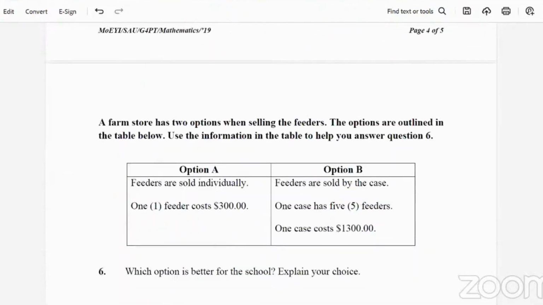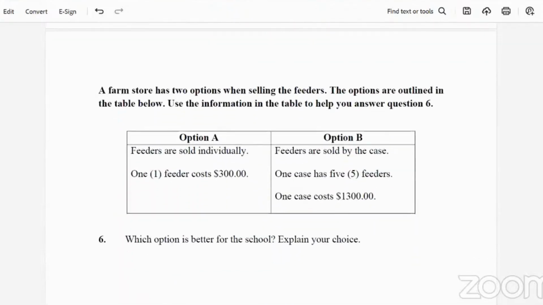All right, so question 6 says, a farm store has 2 options when selling the feeders. The options are outlined in the table below. Use the information in the table to help you answer question 6. Option A: feeders are sold individually. One feeder costs $300. Option B: feeders are sold by the case.